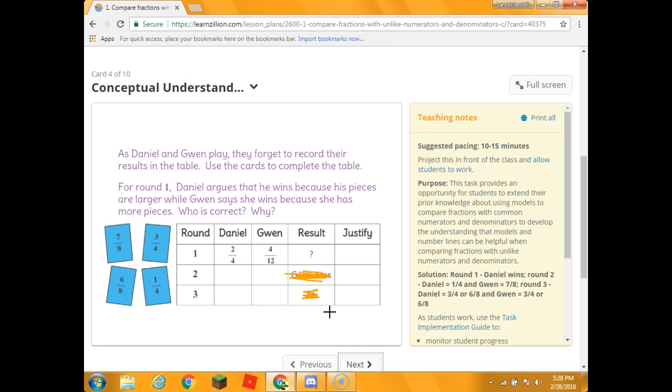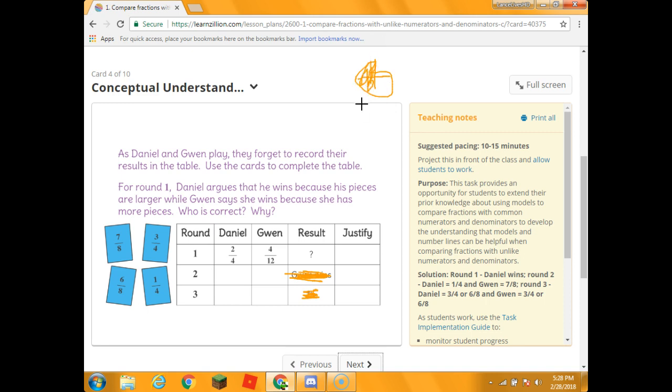So Daniel says his pieces are larger, and Gwen says she wins because she has more pieces. So let's use our pizzas. Oh jeez, that's gonna be hard. Okay, but I'll do it.